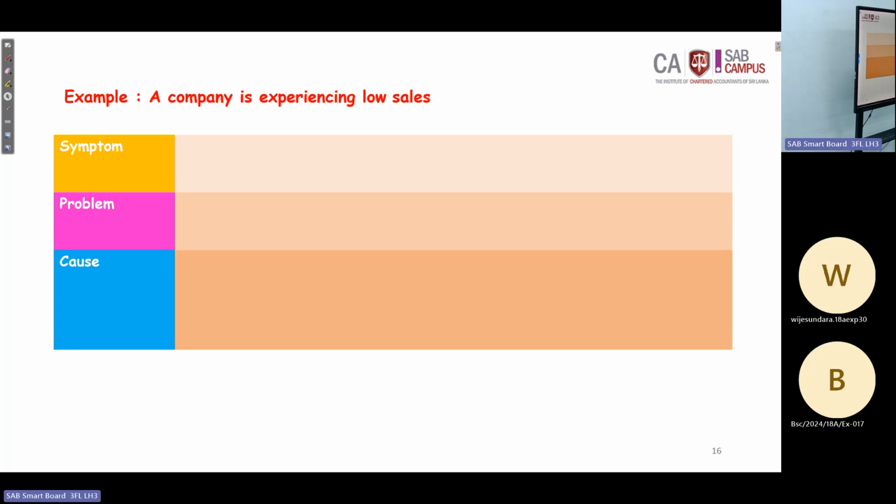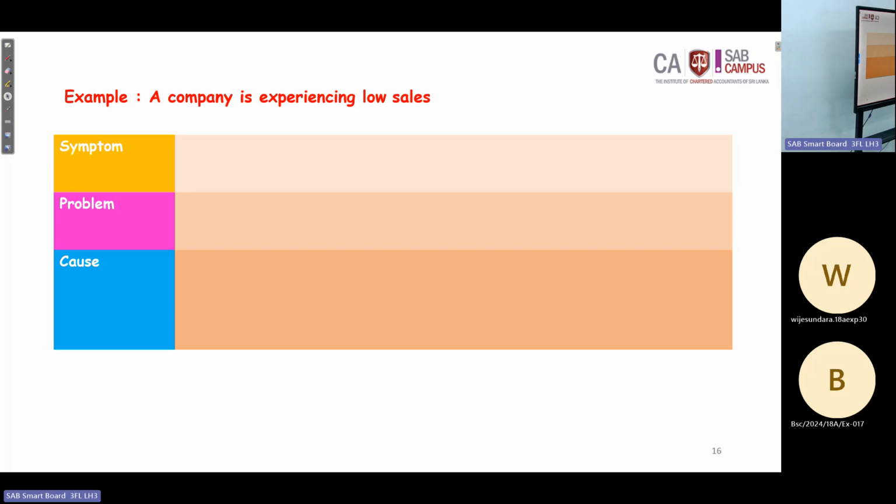Decreasing revenue, good. Problem. Financial instability, good. Ineffective marketing strategy. Symptom, damage of a product.